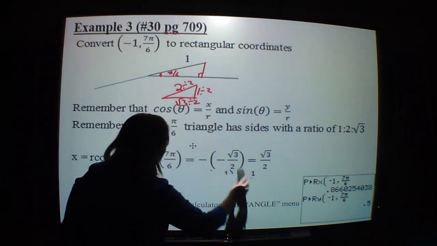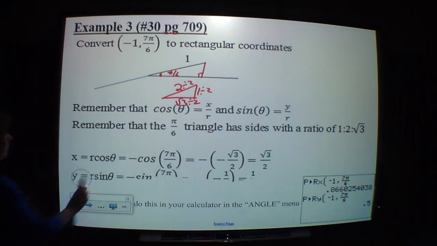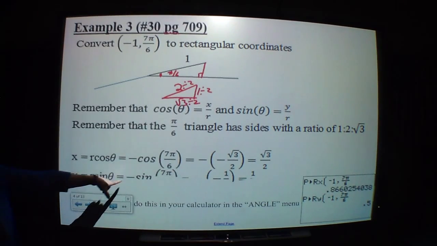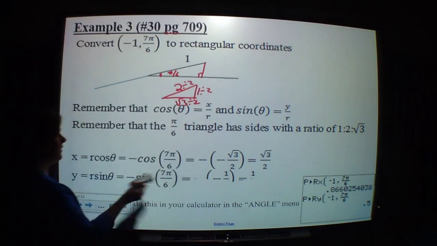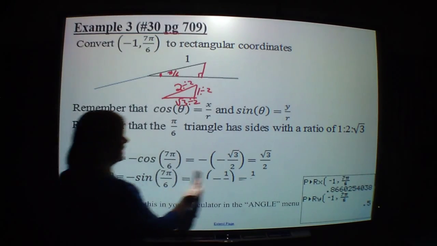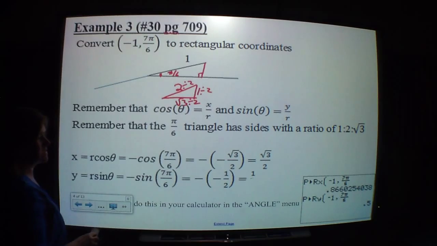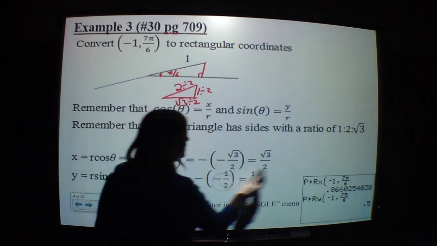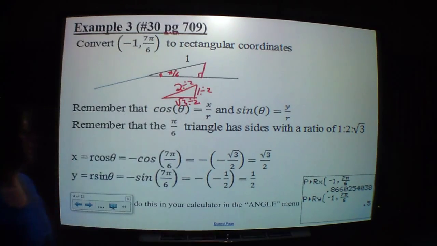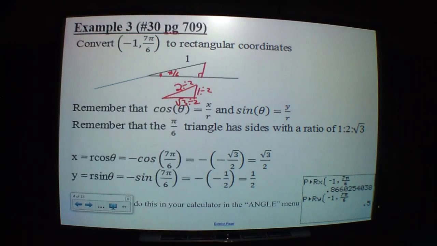There's my y, but I can do it the mathematical way. Y is equal to r sine of theta, negative sine of, there's my angle. Sine of 7 pi over 6 is negative 1/2. So a negative 1/2 is positive 1/2. But you kind of see the answers from the picture.